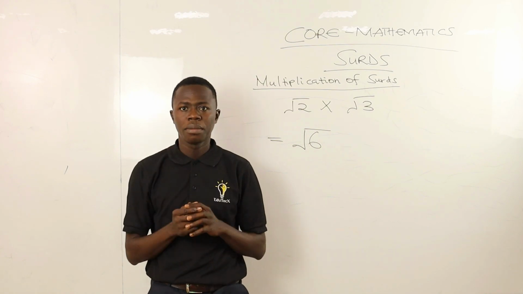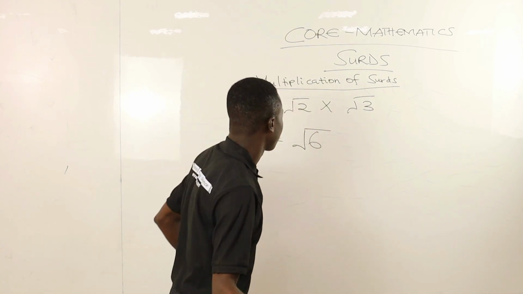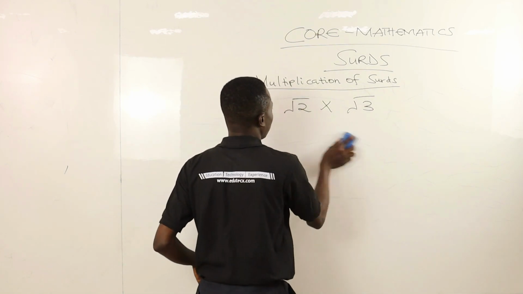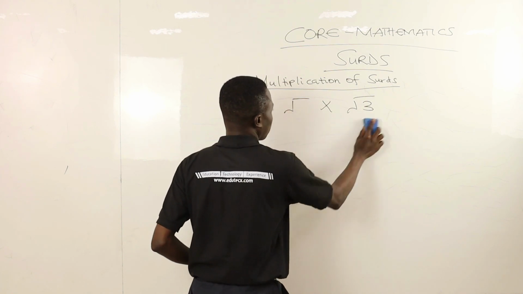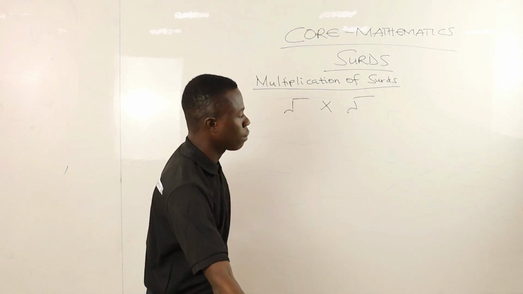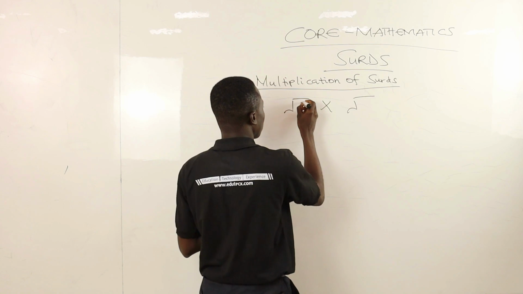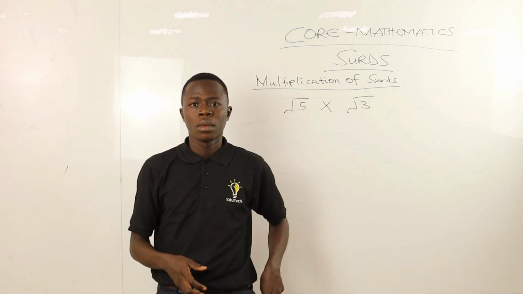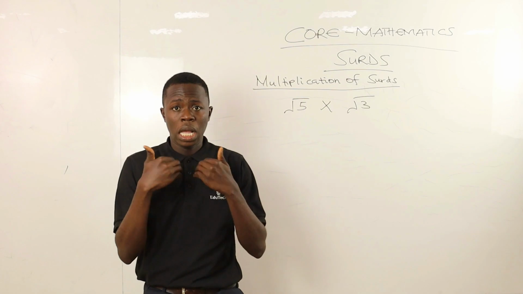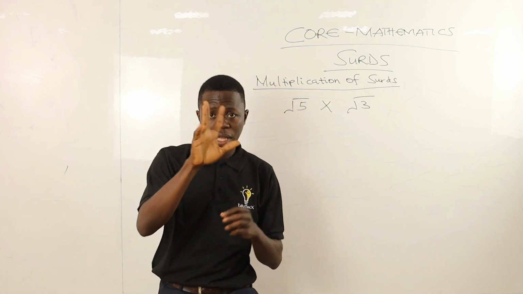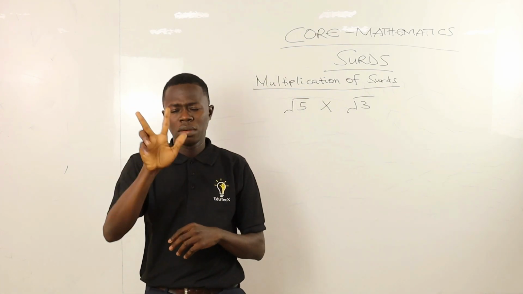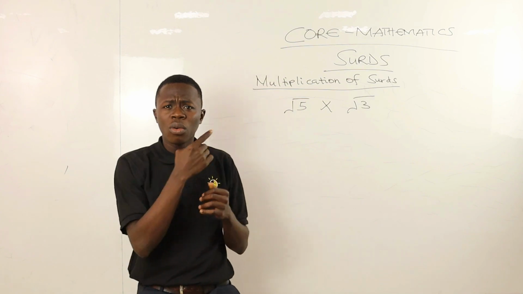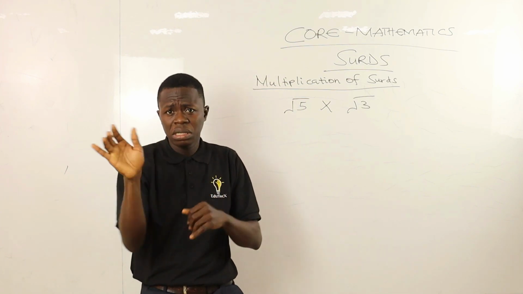Let's take a look at another form of multiplication of sets. With this example, we have square root of 5 multiplied by square root of 3. Still, the numbers are not the same.